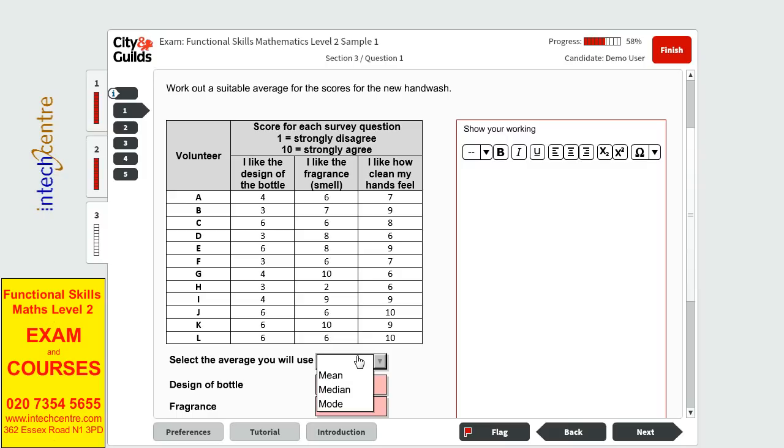Once you pick the suitable average, you will have to explain why you chose it. So I would go with the median, or maybe the mean. Either one is correct. Let's try the mean, because we would just add all of them up.